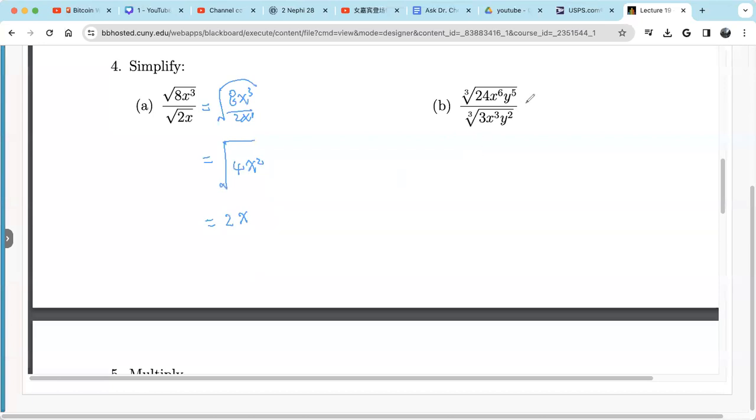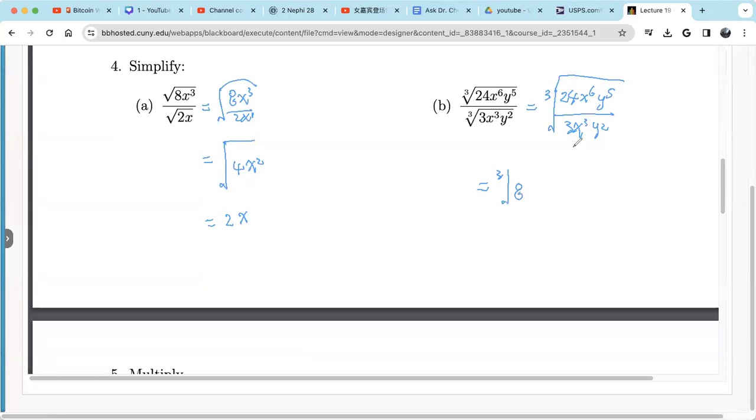Let's see B. B is all under cubic root sign. So we put all under a cubic root sign. So we have 24, x raised to 6, y raised to 5, divided by 3x cubed y squared, all under cubic root. Okay. Now we can simplify. 24 divided by 3, that's 8.